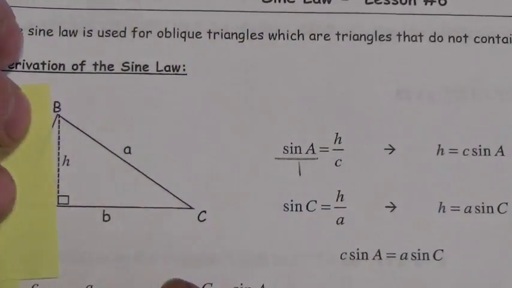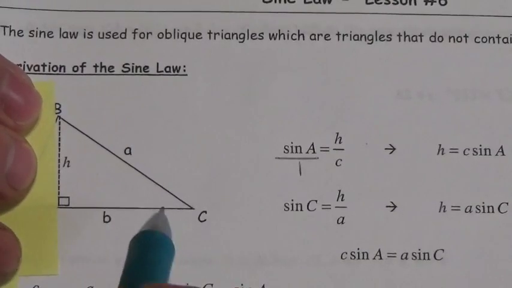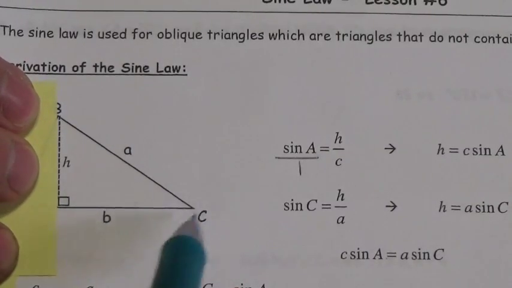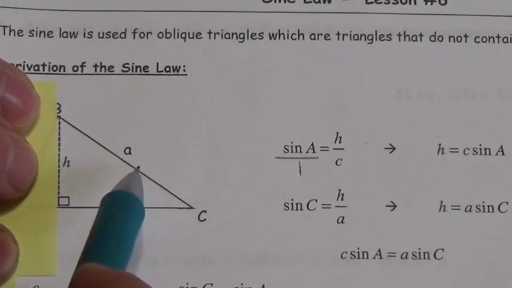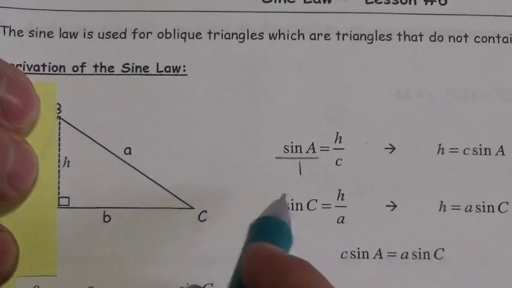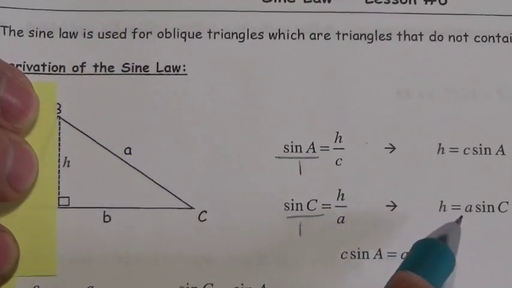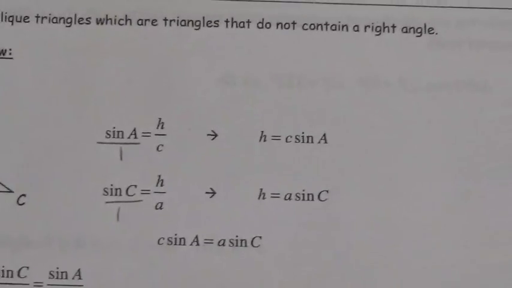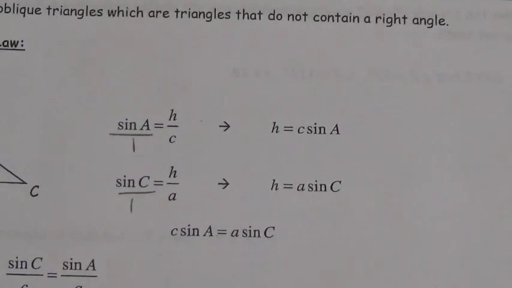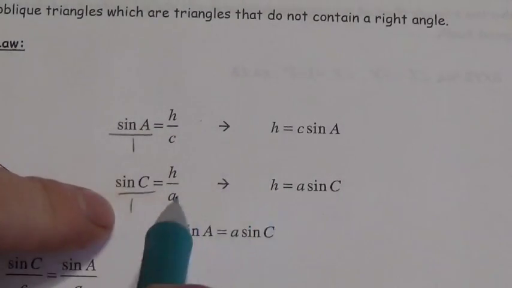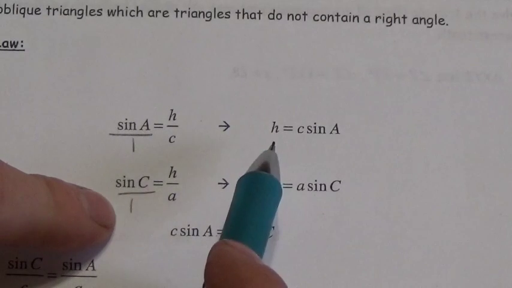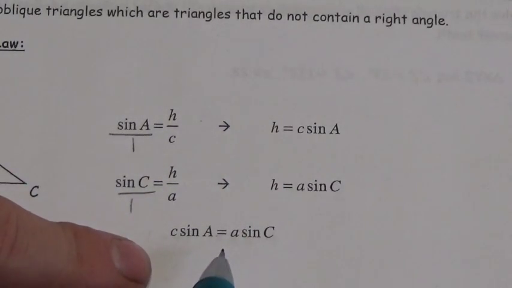Or, look at this triangle, and we see that the sine of C is going to be H over little a. And again, if you cross multiply, multiplying up by A, H is equal to A sine C. Now, both of these expressions are equal to H, so we can set them equal to each other.